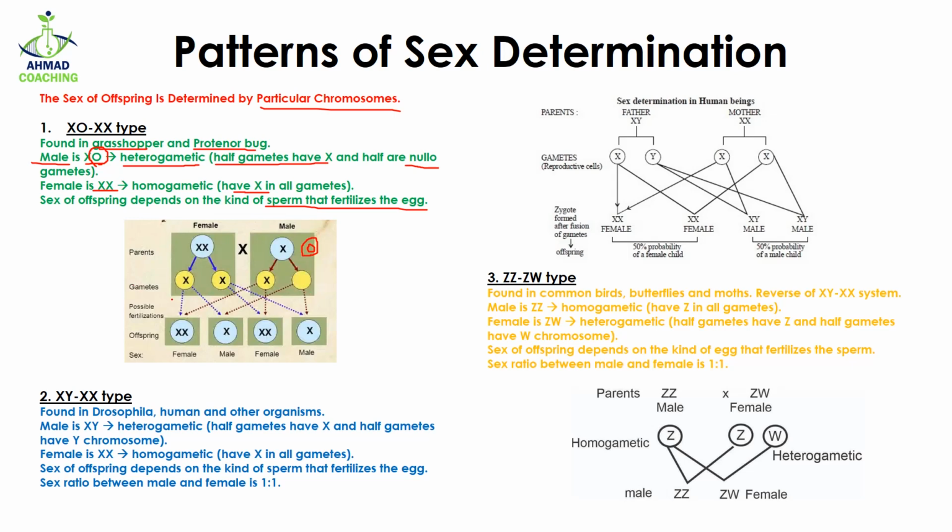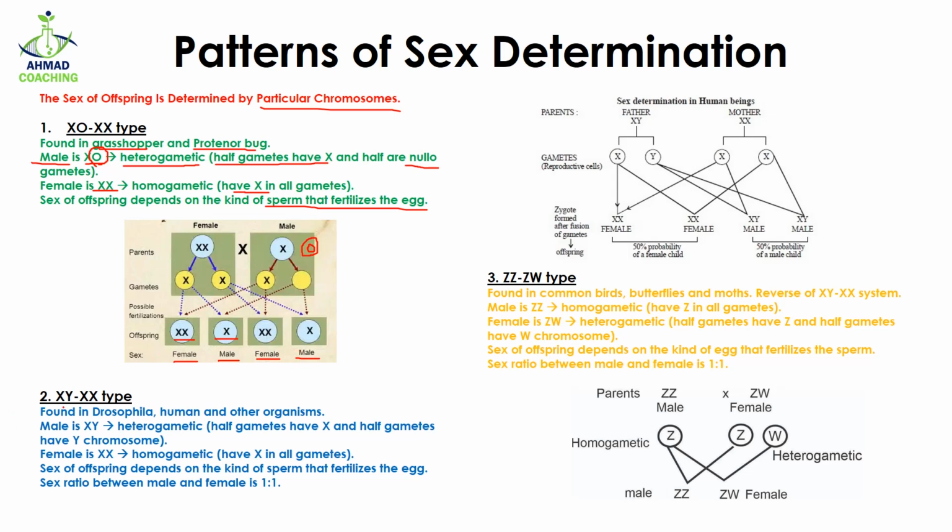So when fertilization happens, we will have XX, which is going to be female, and if X fuses with nullogamete, we will have XO, which is going to be a male. Similarly, we have female and we have male. So 50% male and 50% female offspring will be produced.